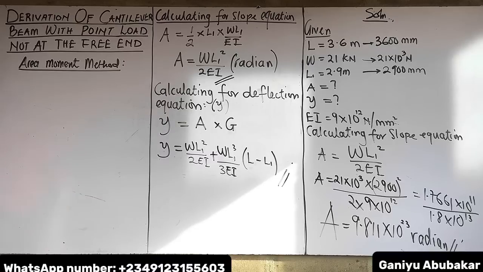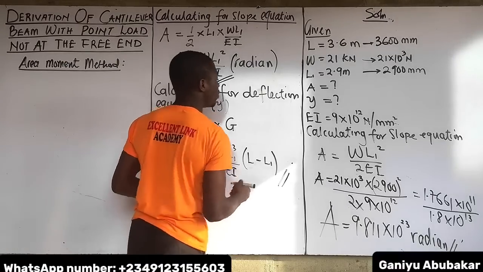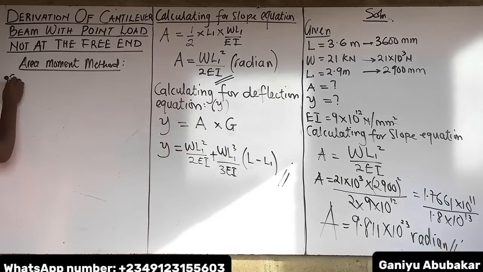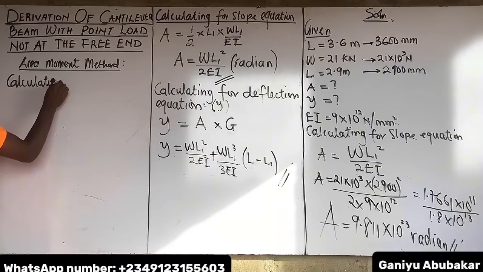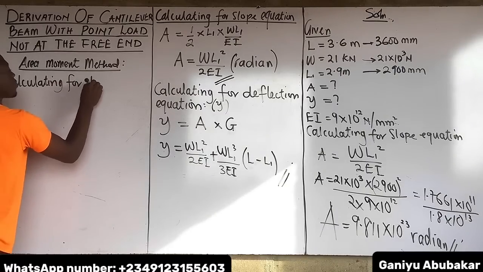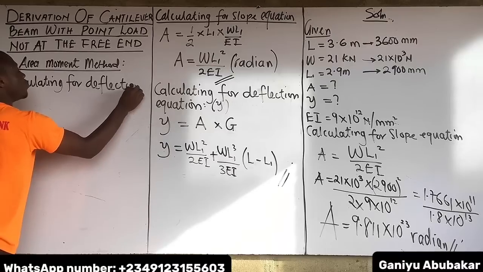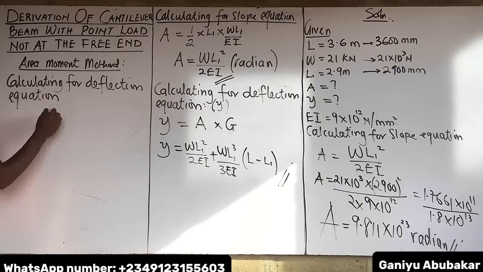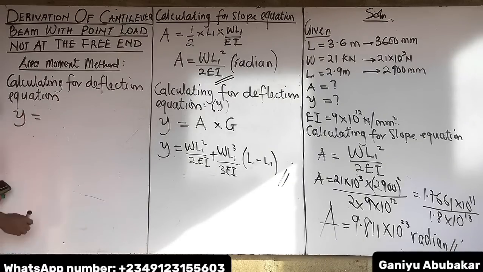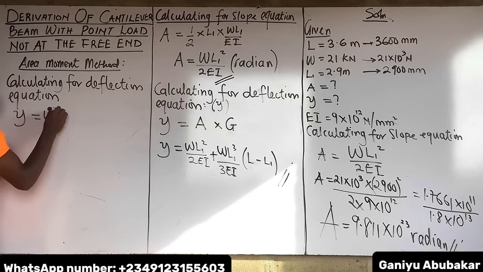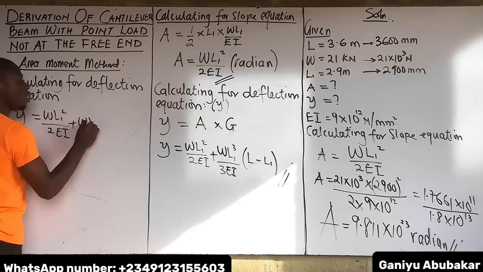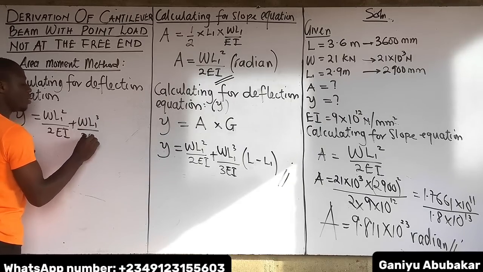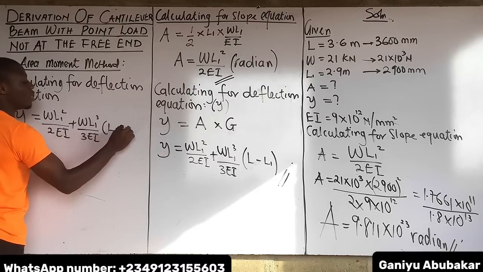All right. At this point here, deflection equation, let's dive into calculating for the deflection equation. What do I get? We said that y was equal to WL1 squared over 2EI plus WL1 cubed over 3EI into L minus L1.